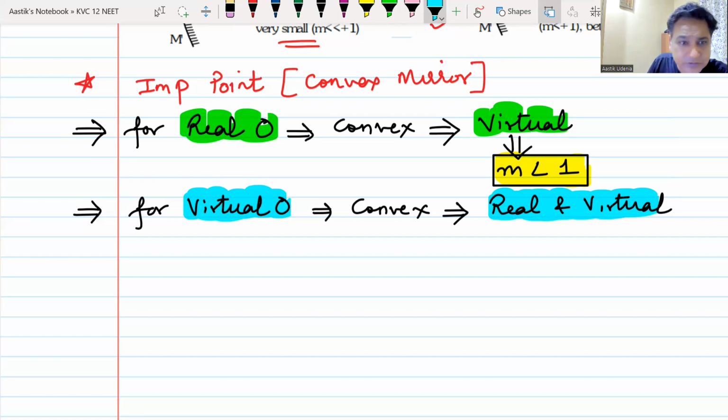I will show it to you by a problem, don't worry. But you must understand that it can form both real as well as virtual images. Trust me on that.